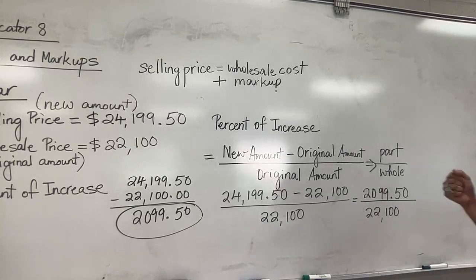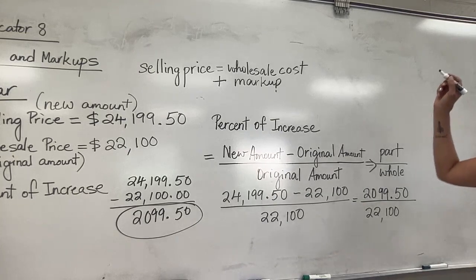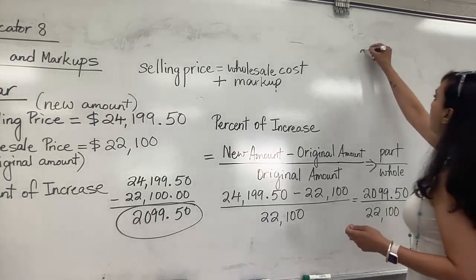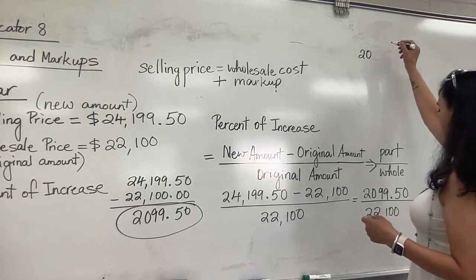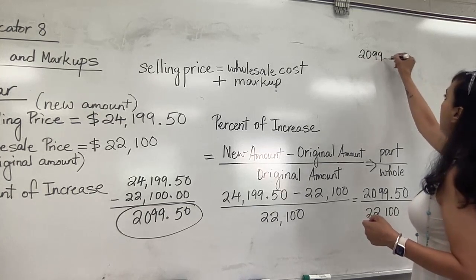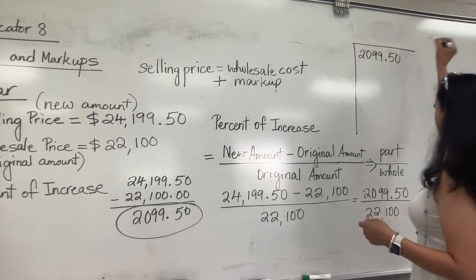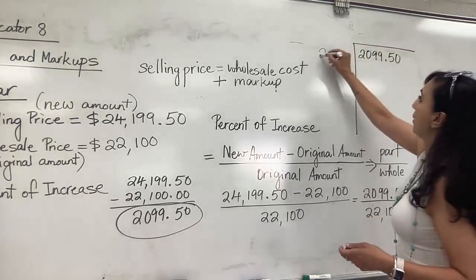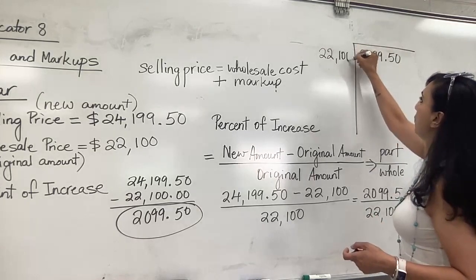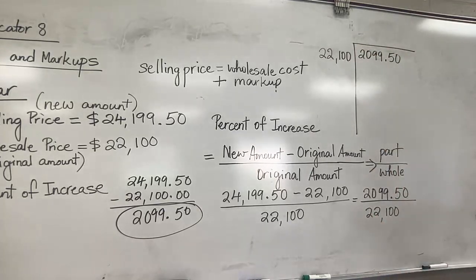And so when we divide, I am going to go ahead and do 2,099 and 50 cents divided by 22,100, right?